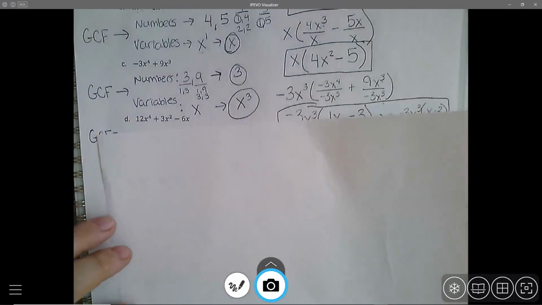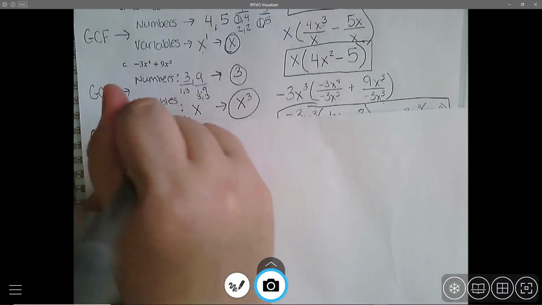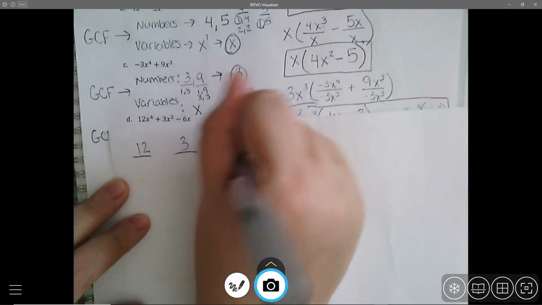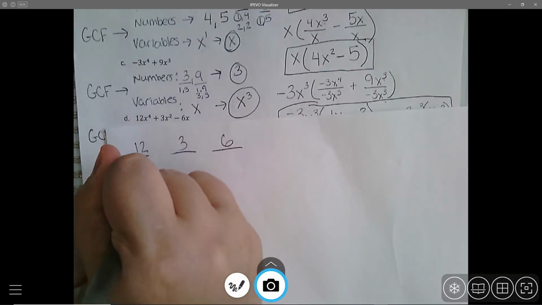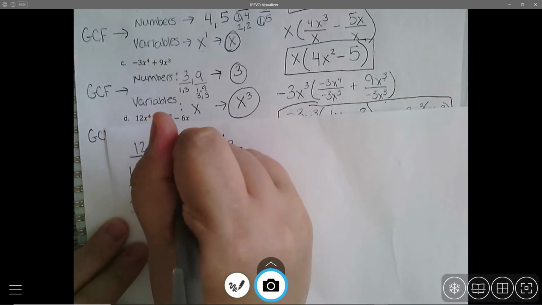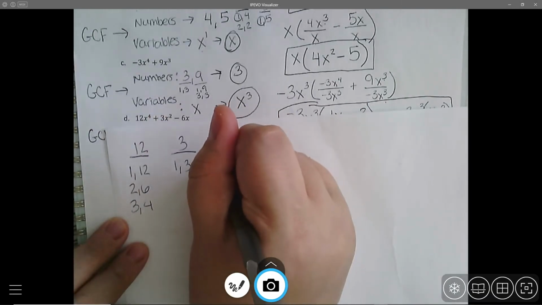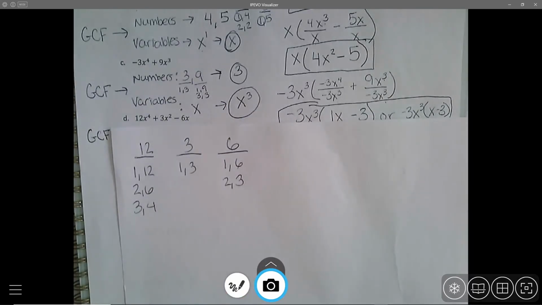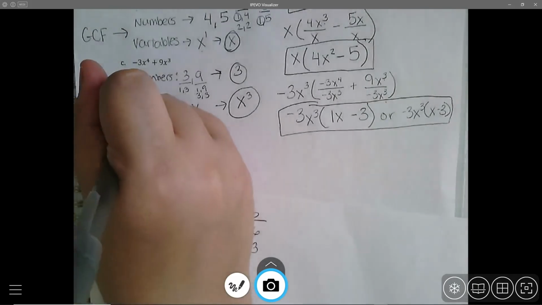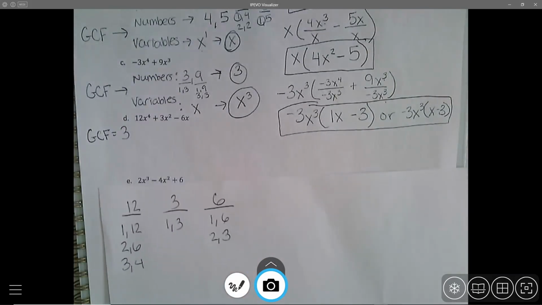The numbers that I see were 12, 3, and 6. 12 is 1 and 12, 2 and 6, 3 and 4. 3 is 1 and 3. 6 is 1 and 6, 2 and 3. The biggest number that all 3 of them share is a 3. So my GCF is going to include a 3.